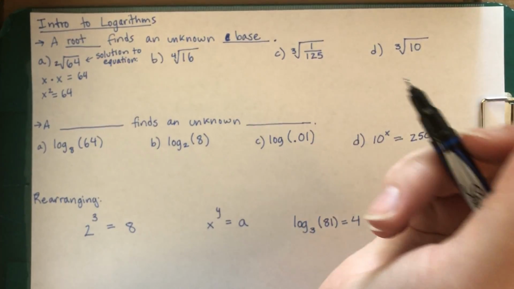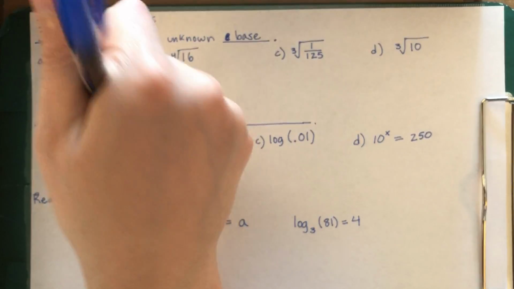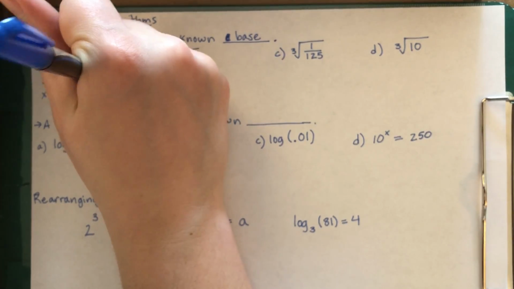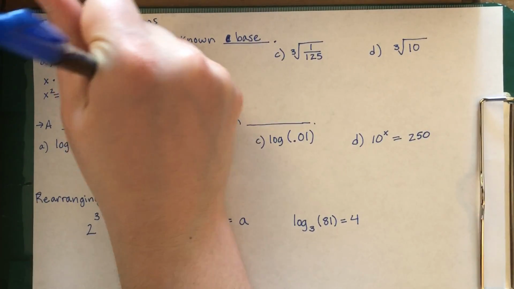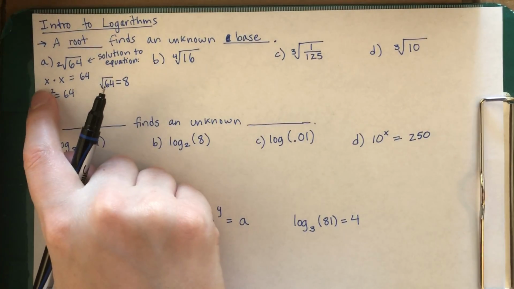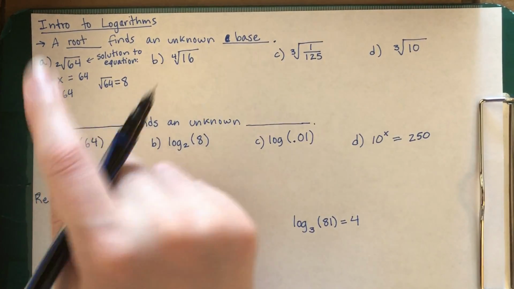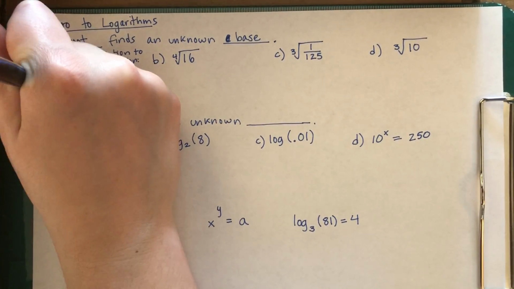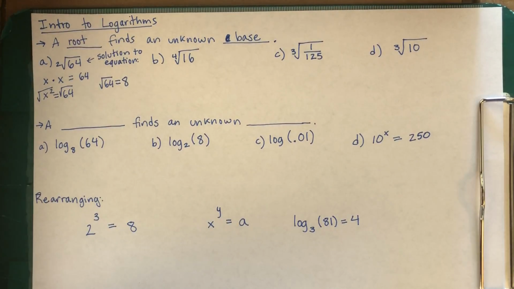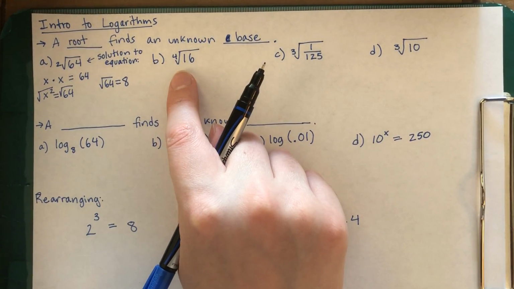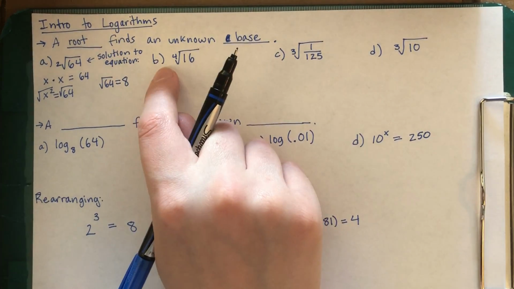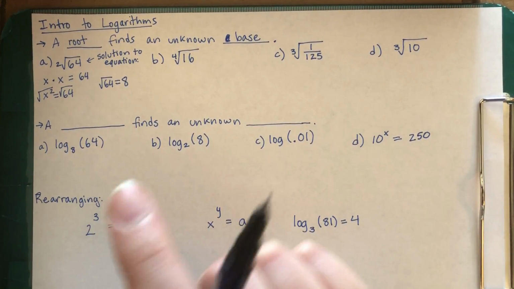Maybe you already know that that is 8. So we say that the square root of 64 equals 8 because 8 times 8 would equal 64. And if we wanted to solve this equation for x, we could solve it by doing the square root of both sides.